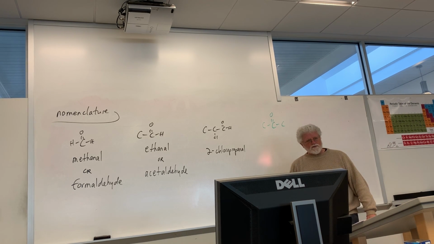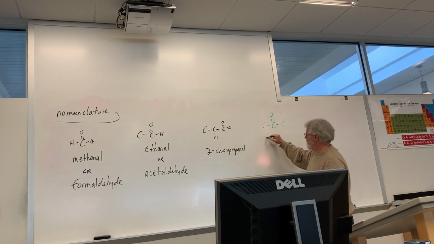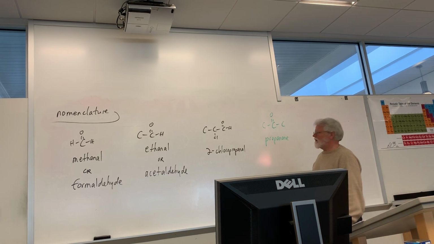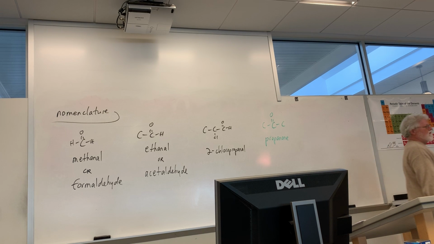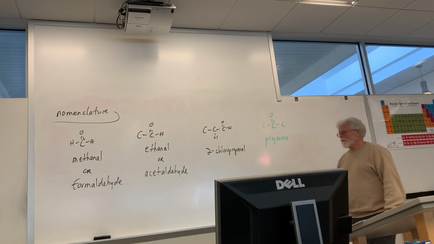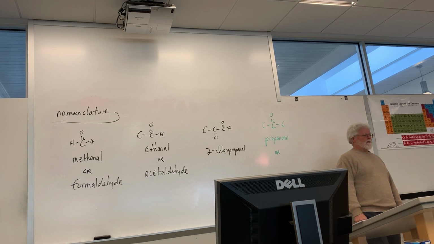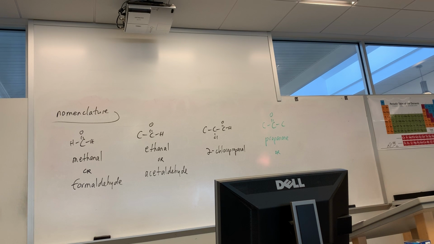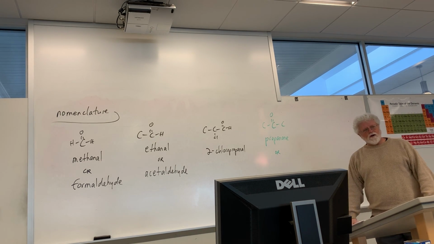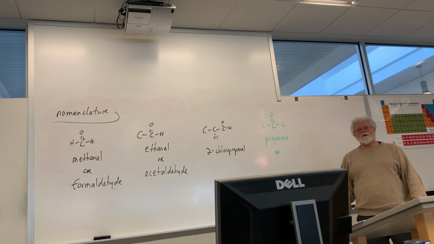What would IUPAC call this thing? Propanone. 3 carbons is propane, drop the E, add the characteristic ending. The characteristic ending for ketone is ONE. Now you can call that propanone. No one else is going to. It has a common name that you all know. You can't tell me you don't know it, because I know you know it. What does it start with?